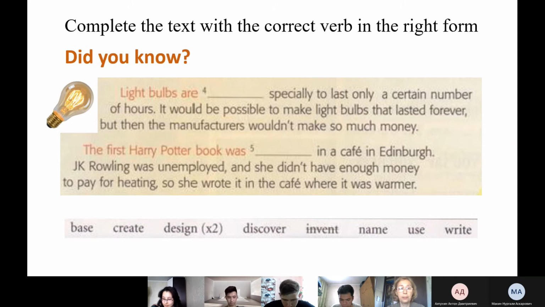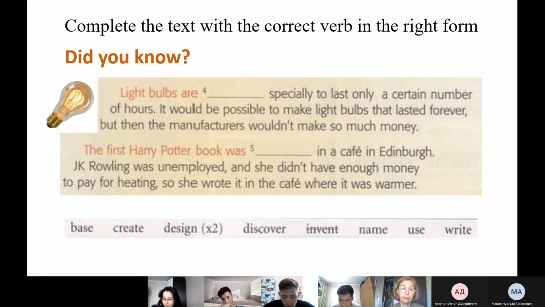The Niyar, read it. Light bulbs are created specially to last only a certain number of hours.